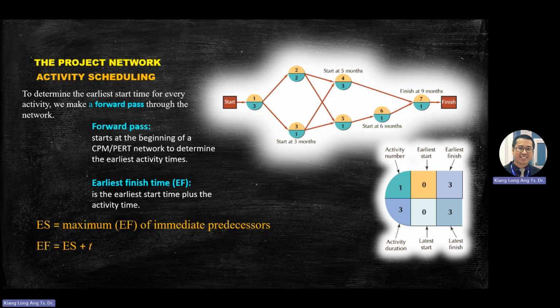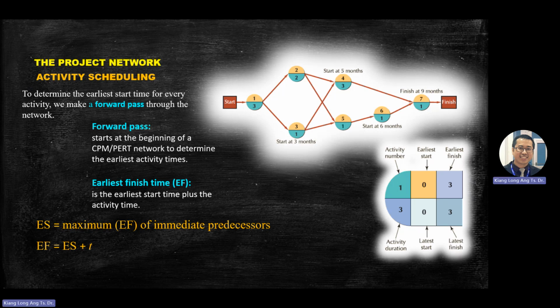Let's say this is the start. When you start, there's no one in front, so usually 0. The first one usually is 0 because there's no one in front of it.